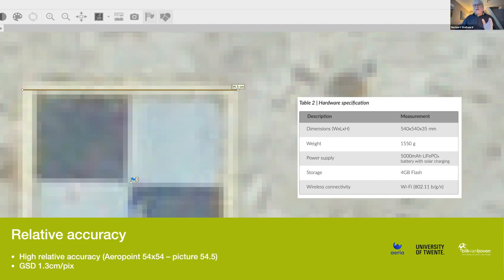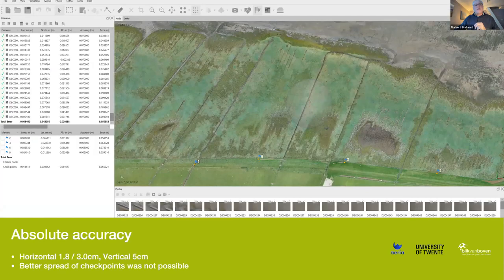So now what about the absolute accuracy? Usually, if you move out in a field and you're going out for mapping, you bring a PPK unit with you, and that's necessary in an environment like this because you cannot fill it out with checkpoints over the whole area. It's always advisable to put some in places where you can come.